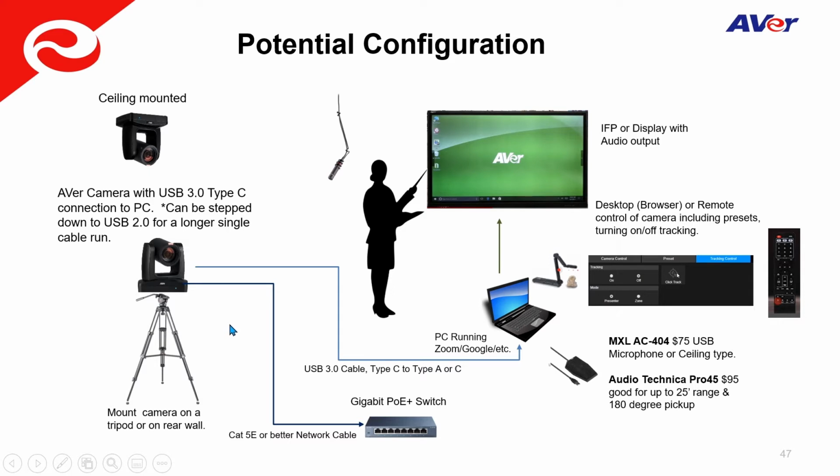This installation could be as simple as a 2-cable installation, one being the USB cable, going out, connecting from the camera out to a USB, and then connecting to your technology. You can step it down, so you could start out with a Type-C 3.0 and then use a 2.0 extender to a Type-A to your computer. That will work as well.